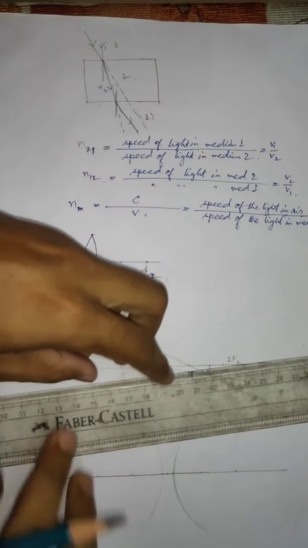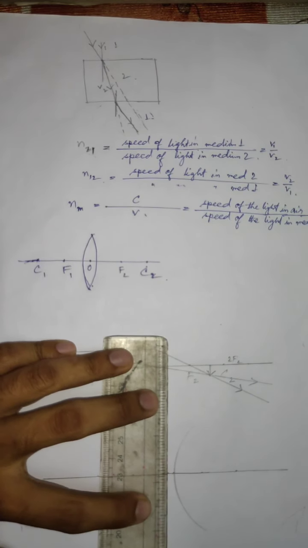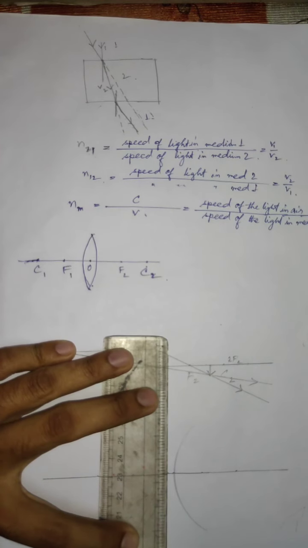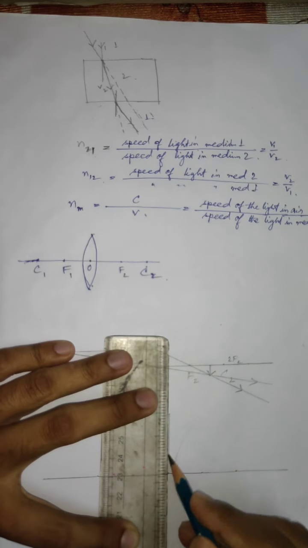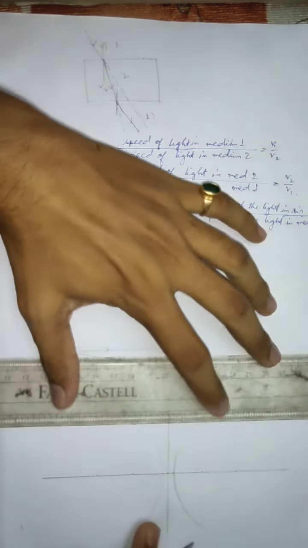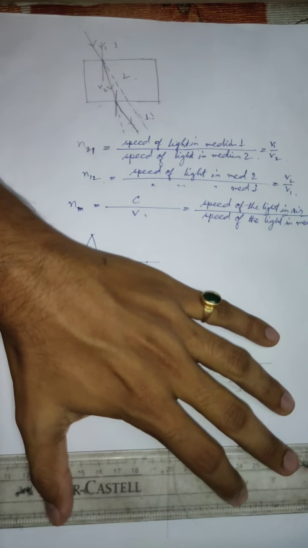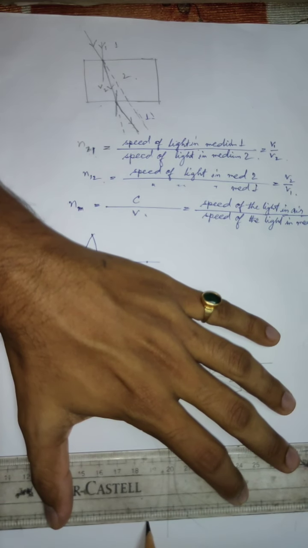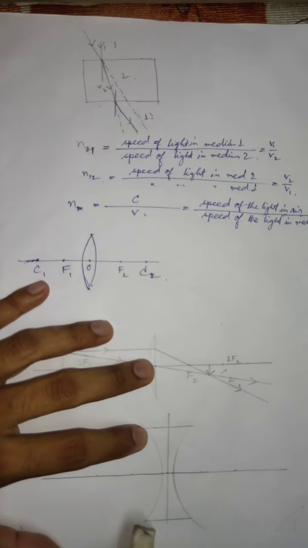Now draw a midpoint line perpendicular to the principal axis, and then join this way and this way. Now remove the extra parts.